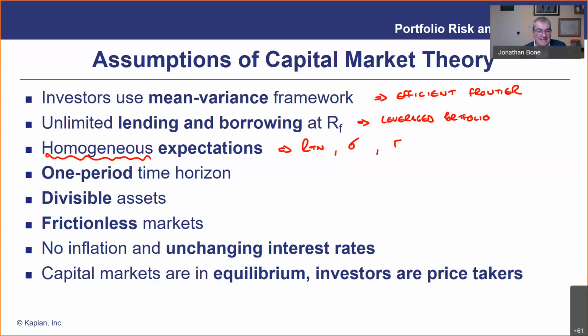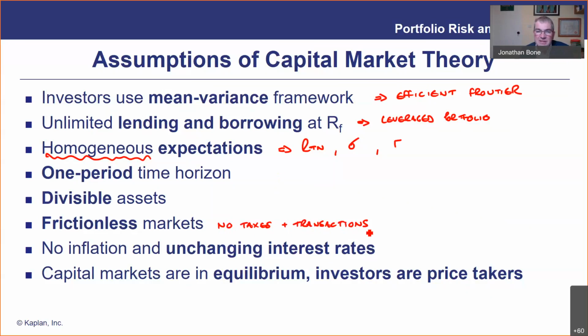So divisible assets, frictionless assets, no taxes, no transaction costs. This means arbitraging mispriced securities is free.